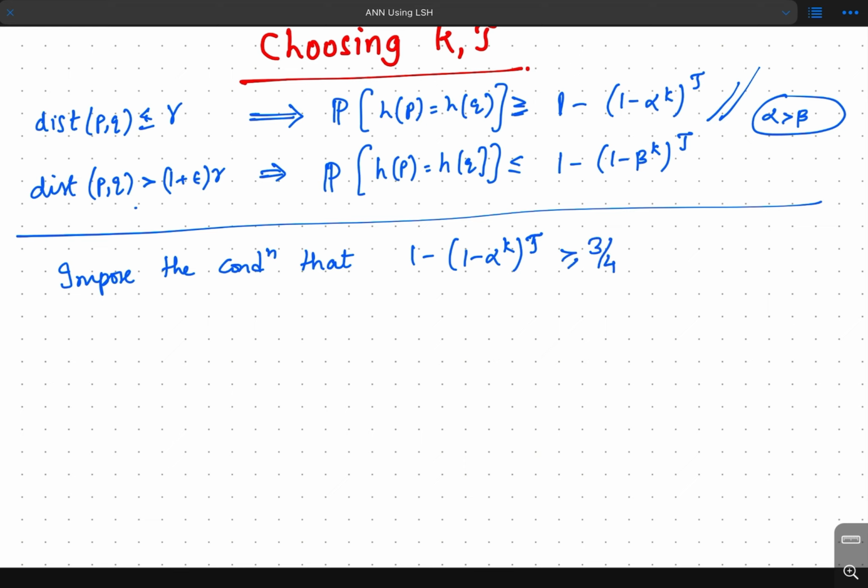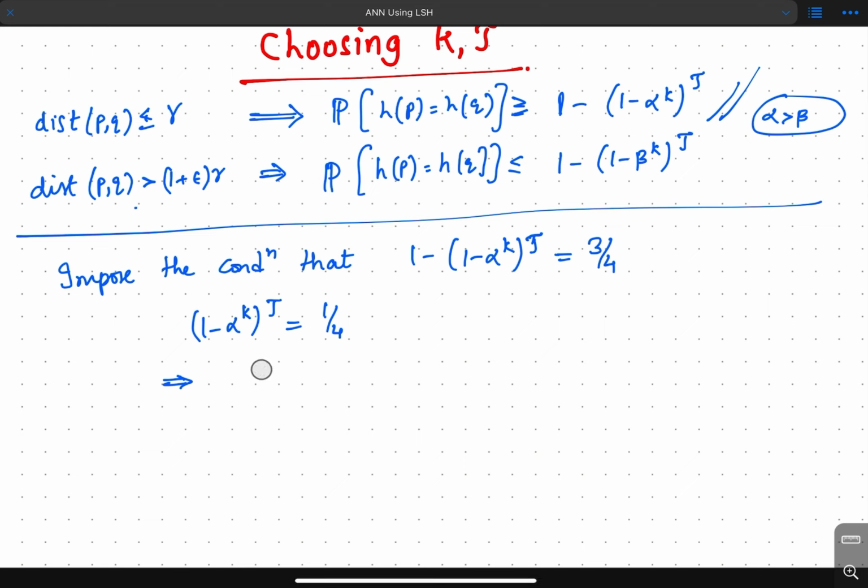So this will give us that (1 minus alpha^k)^tau is less than or equal to 1/4, and so this implies that, or let's fix this to be 3/4, and this will exactly be equal to 1/4.